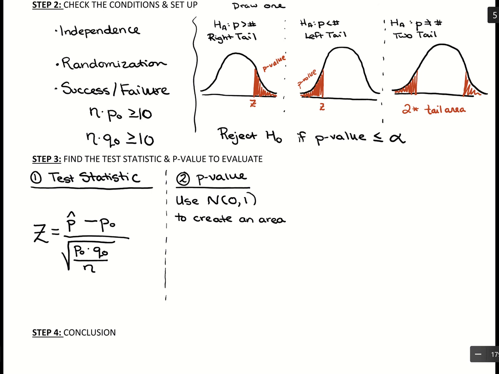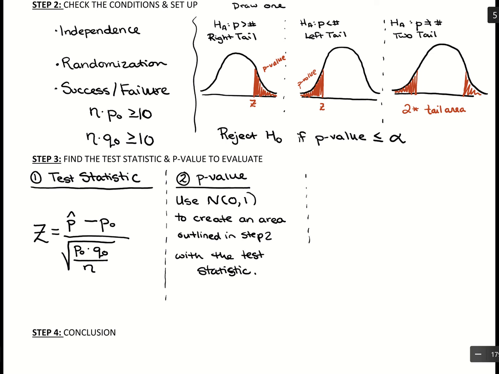That's why in step 2 I like to draw a little picture, because I know to create an area that matches what I'm looking for up above, or what you described in the alternative hypothesis. So outlined in part 2, with the test statistic, this is where you plug in z and see what is the actual area that comes out.